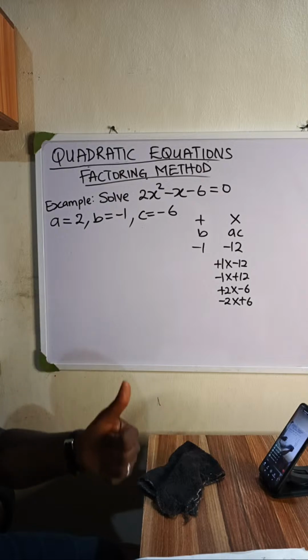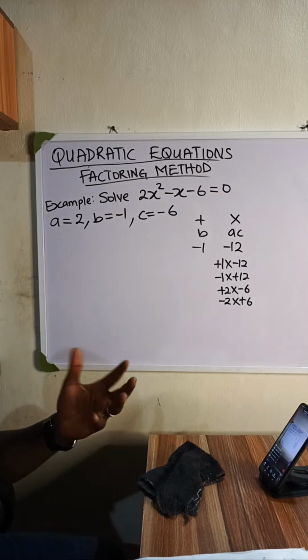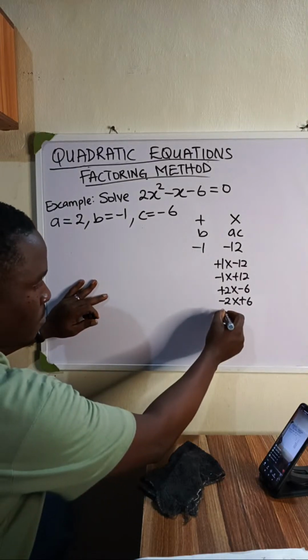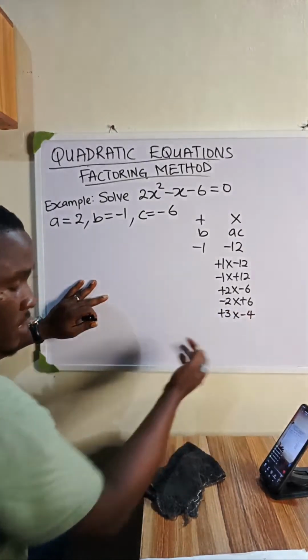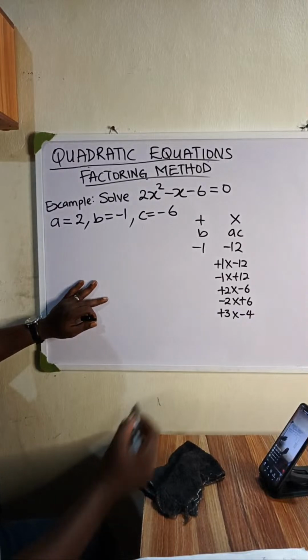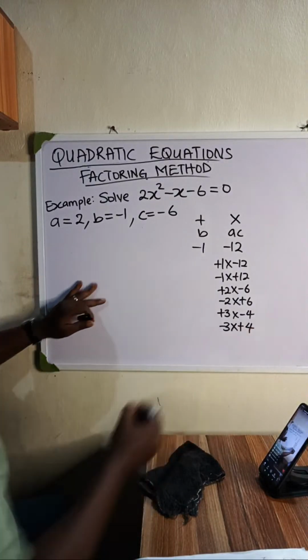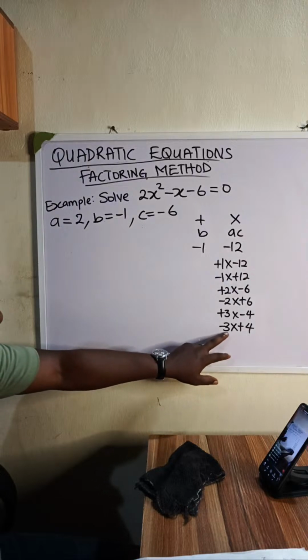So we are done with 1 and 2. Let's see if 3 can multiply with something to give us minus 12. It can. Plus 3 times minus 4 is equal to minus 12, and also minus 3 times plus 4 is equal to minus 12. Are there other values? No, because we've already gotten to 3 and 4.